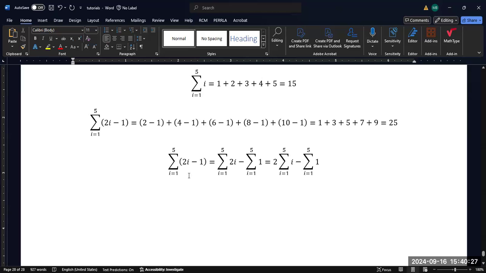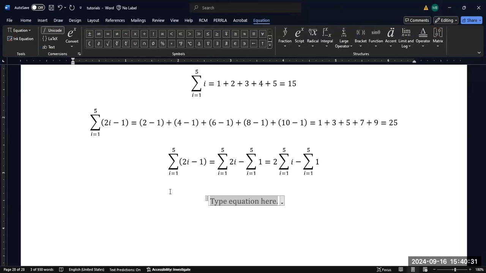Now, the other thing that I can do is I can manipulate my indices. So suppose that I want to break up my summation. Let's say I want to go from i equals 1 to 20 of some formula.